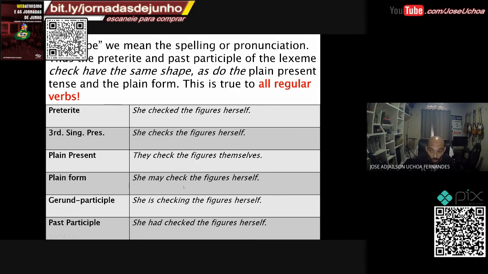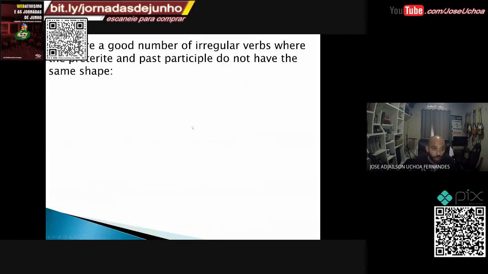Isso acontece com verbos regulares. Okay? Verbos irregulares vão se manifestar com formas diferentes. E esse é o tópico. There are a good number of irregular verbs where the preterite and the past participle do not have the same shape.